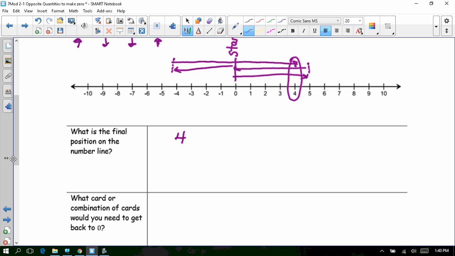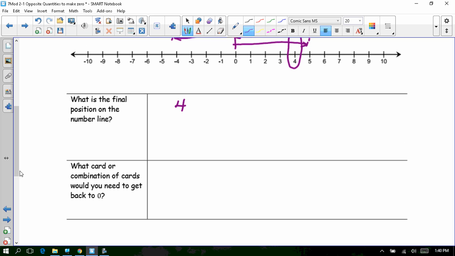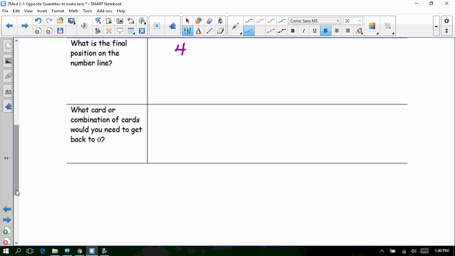Let's suppose I am dealt another card, or they're in a stack and I have to pull up a card. What card or combination of cards, let's suppose I get to pick 2 or 3, whatever, would I need to get back to 0? Well, notice where I left off. I left off at 4. What would I need to get back to 0?